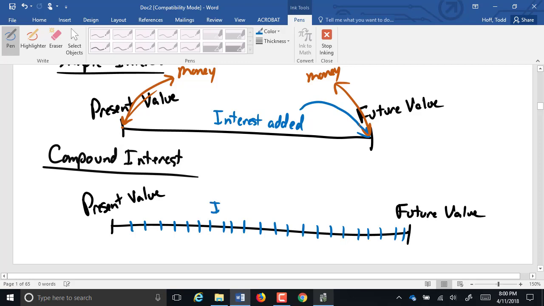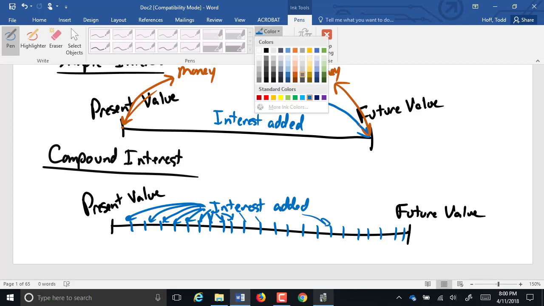And on each of those periods, interest is added. And of course, the interest that is added in then gets added to the base amount to calculate the interest for the next period. You guys get the point. I'm not going to draw all those arrows in.